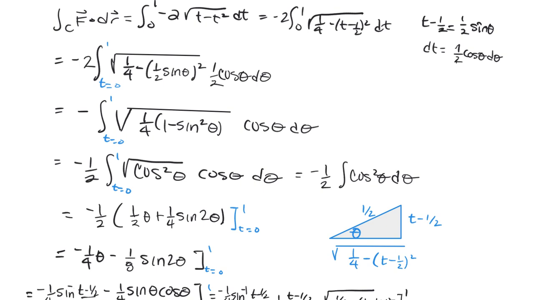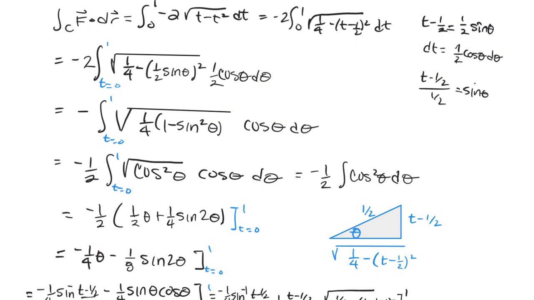Yikes. Okay. Not so sure I did this the best way possible, but I'm not going backwards. So here it is in terms of theta. I write the triangle or the ratios that go with it. So here t minus 1/2 is 1/2 sine theta, which means that t minus 1/2 divided by 1/2 is the sine of theta, which means theta equals the inverse sine of that.